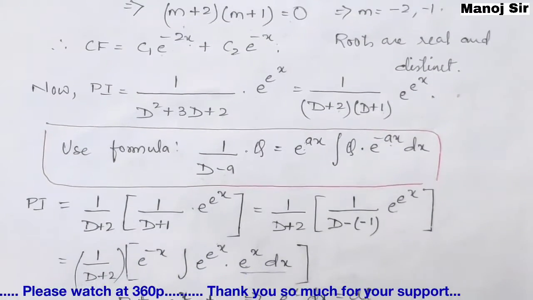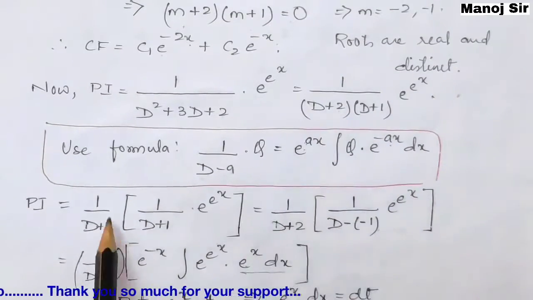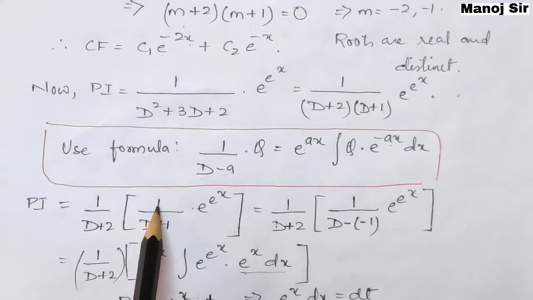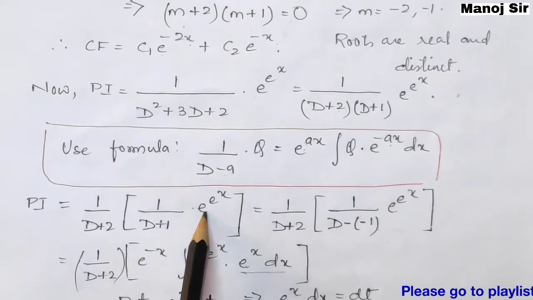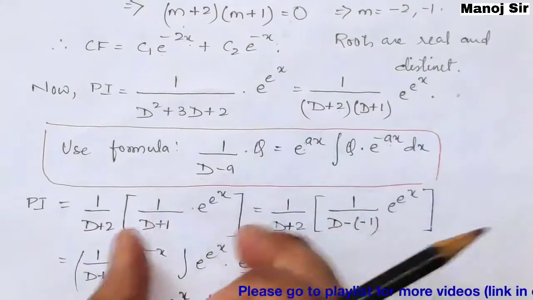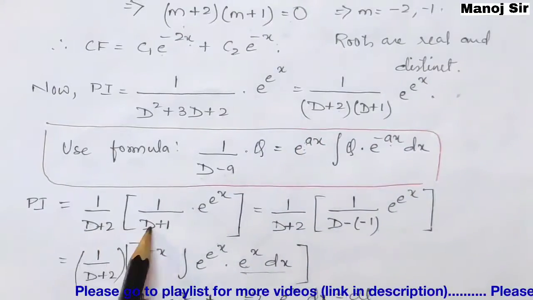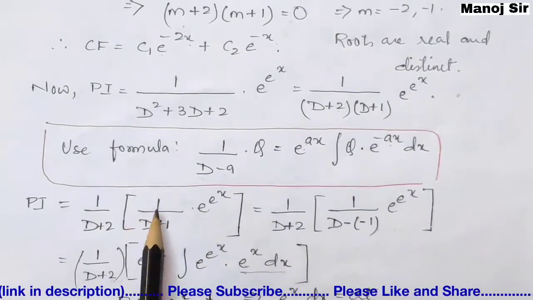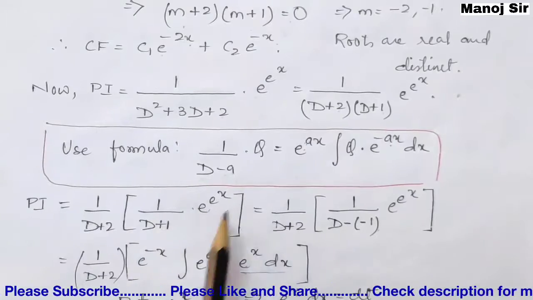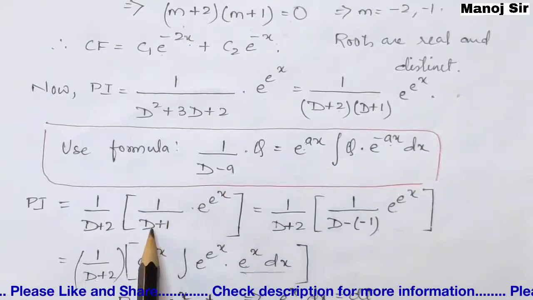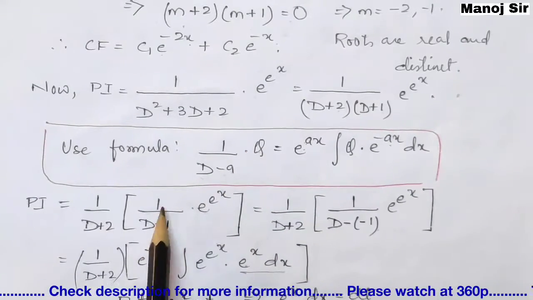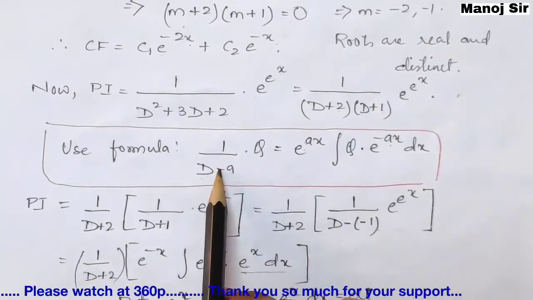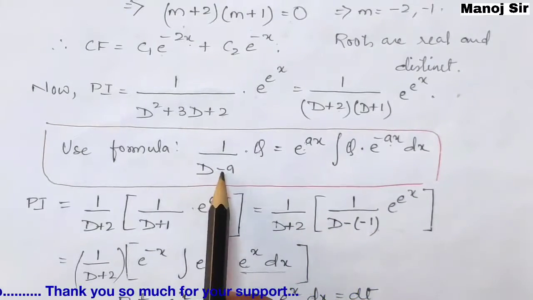If you closely observe, we can take this part, that is 1 upon (D plus 1) into e to the power x, because both are the same. I am writing this bracket because we want to solve for this part. 1 upon (D plus 2) stays as it is. We can write 1 upon (D plus 1) as 1 upon D minus of minus 1, because in the formula we have D minus a.